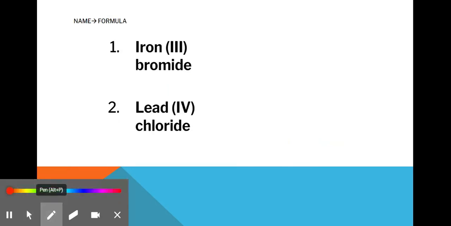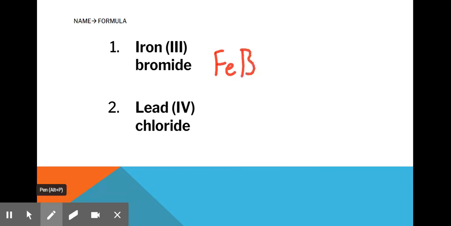What about the chemical formulas for iron 3 bromide and lead 4 chloride? Roman numeral 3 means it's got a charge of +3 on the Fe.